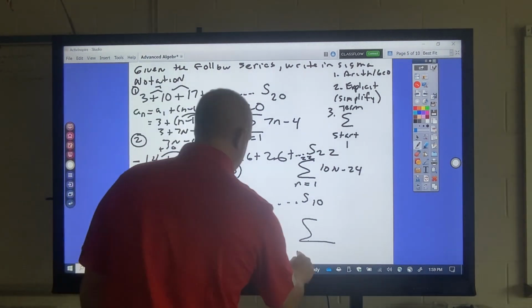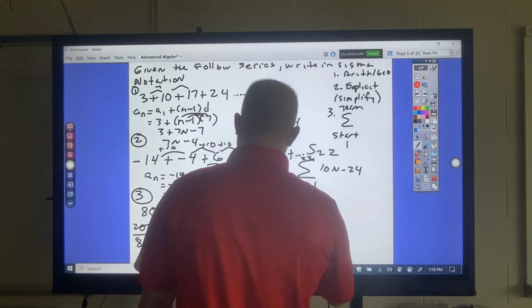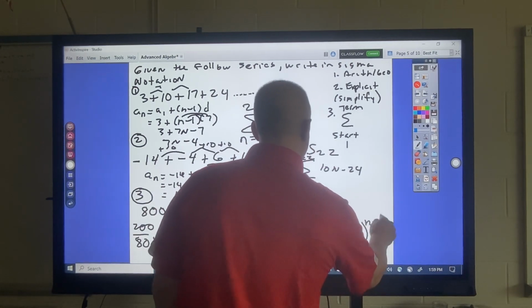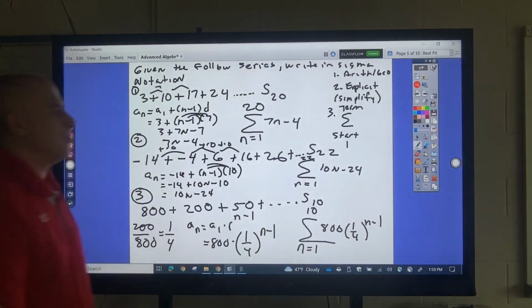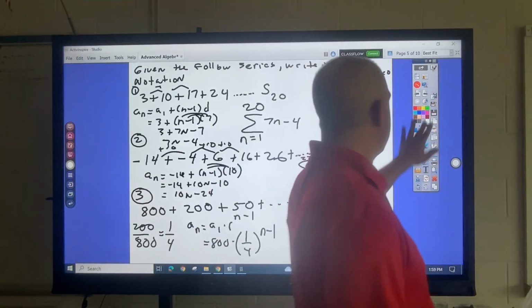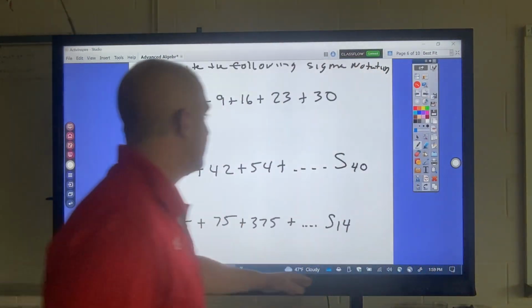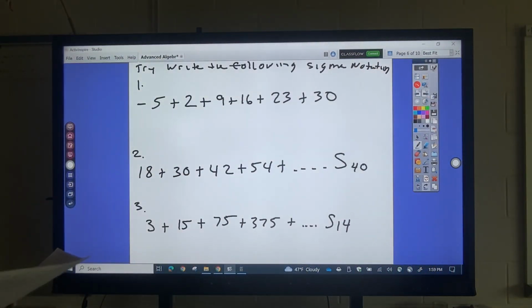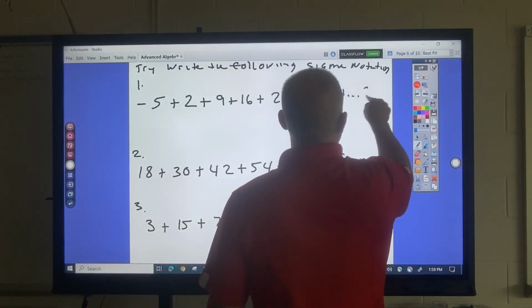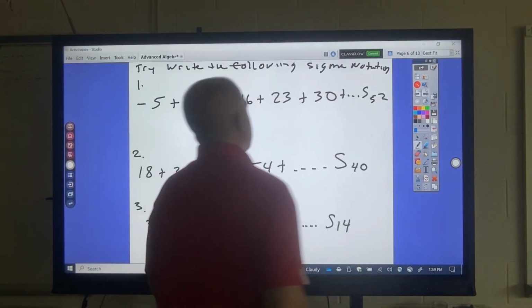I can just leave it like it is. So that's n equals 1, 800 times 1/4 to the n minus 1, and I finish it at 10 terms. Basically you're just distributing and you work on that. So here are the problems. That top one, I would like you to go to S52.